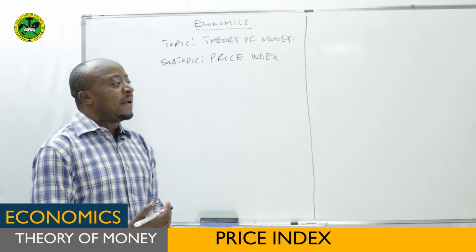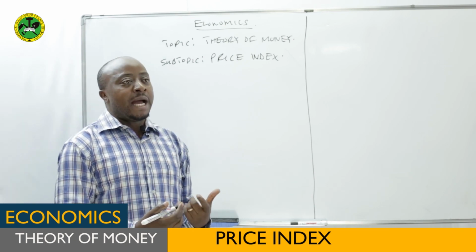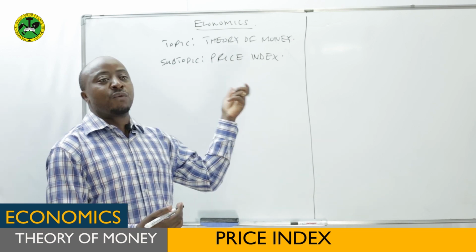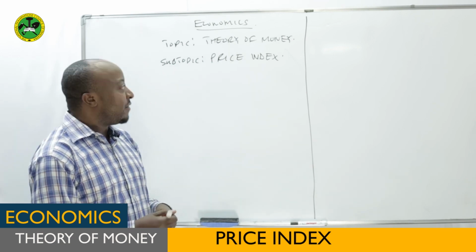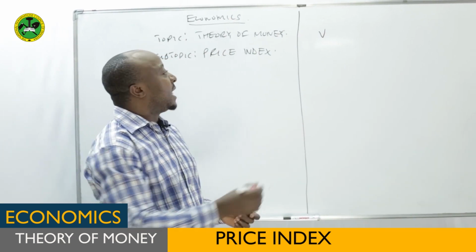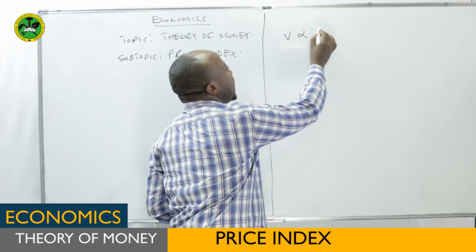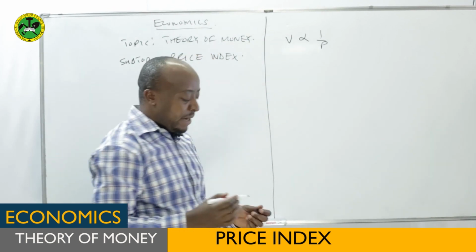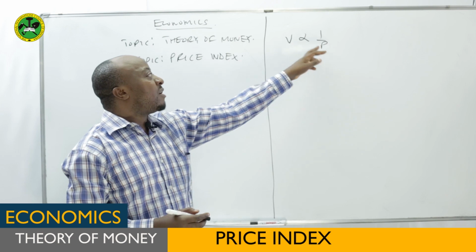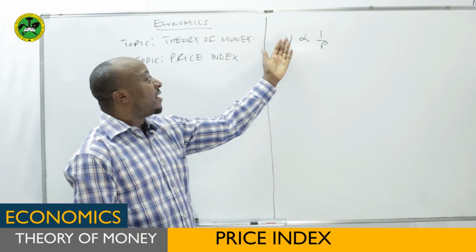Again, remember we said the value of money is inversely related to the price of goods and services. We say inversely, it means, if you remember, if we have V as the value of money, it has an inverse relation with the price, meaning that when the price of goods is increasing, we expect the value of money to fall, because they have an inverse relation.